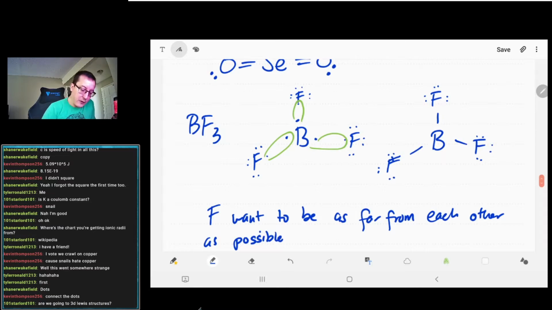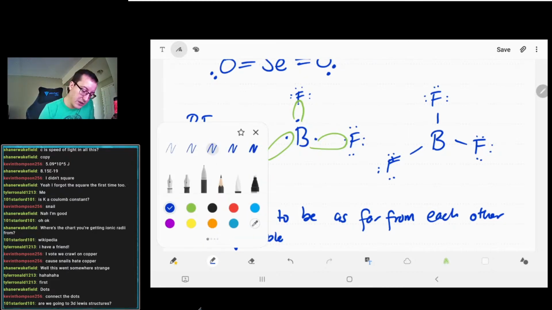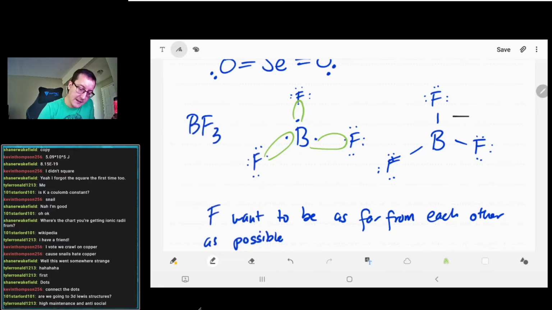If you think about fluorine atoms being just globs of electrons, those are all negatively charged. They don't want to be nearby each other. So they're actually going to arrange themselves into this kind of triangular shape, with roughly 120 being the angle between them.